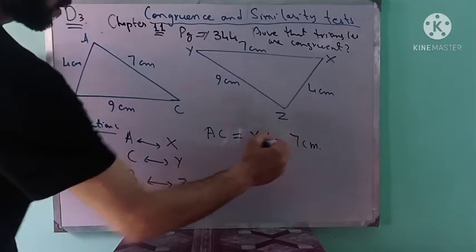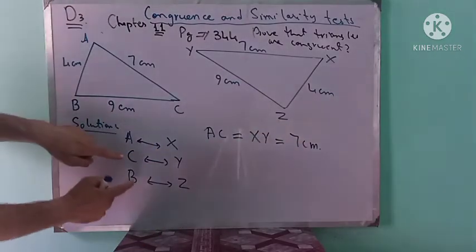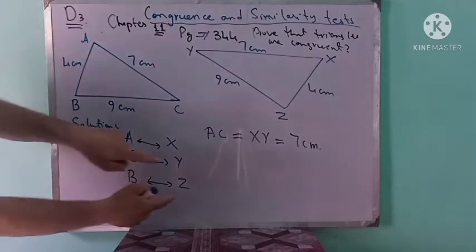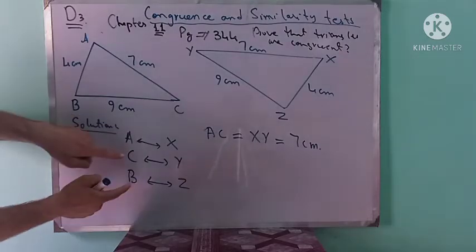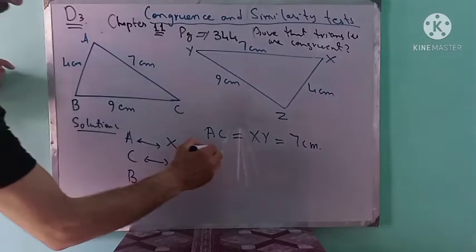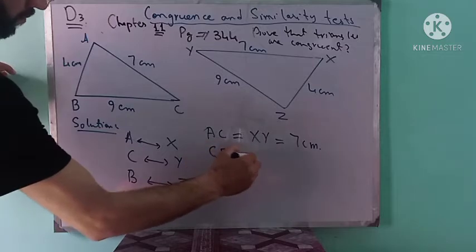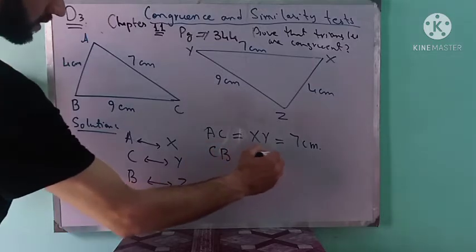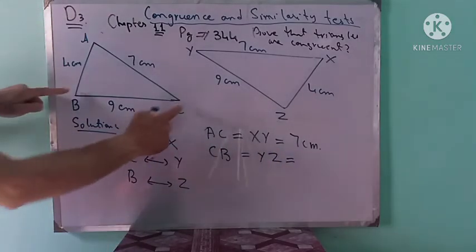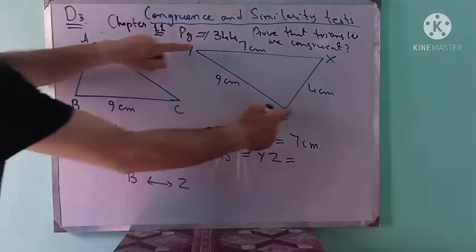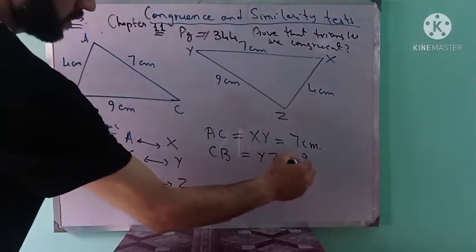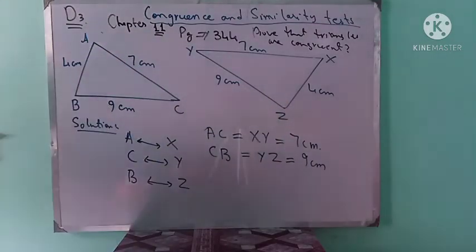Now CB and YZ: CB is 9 and YZ is 9. So this is also equal.